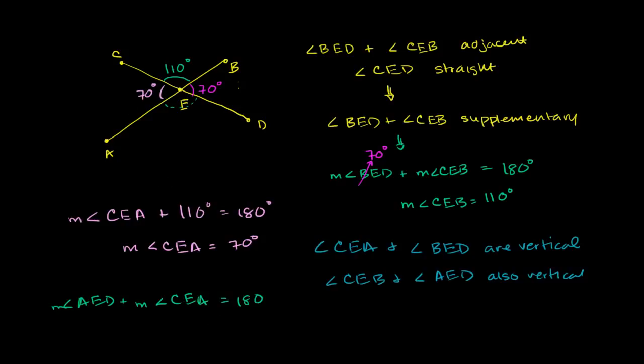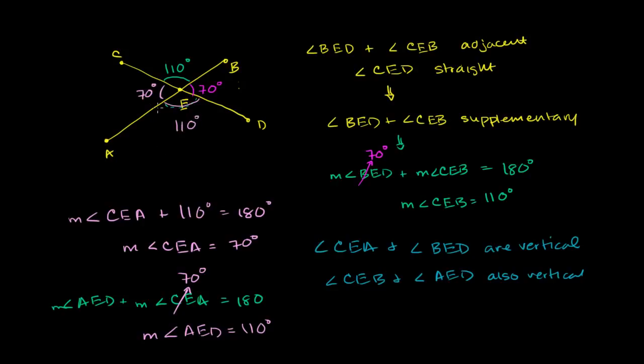We know the measure of CEA is 70 degrees. So you subtract 70 from both sides. You get the measure of angle AED is equal to 110 degrees. So we got the exact result that we expected. So this angle right over here is 110 degrees.